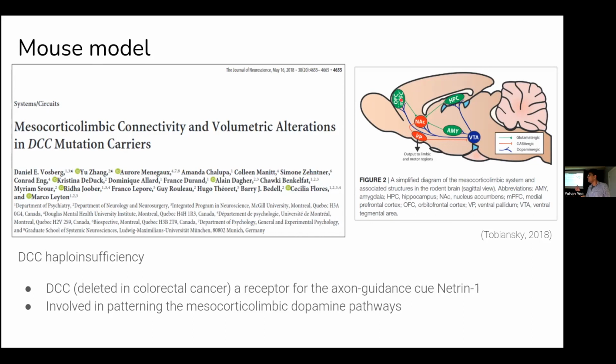So if you delete or if you have less DCC, you essentially have fewer neurons synapsing in the nucleus accumbens and more instead going into the medial prefrontal cortex. So in other words, connectivity between the VTA and the nucleus accumbens is decreased in DCC haploinsufficiency.